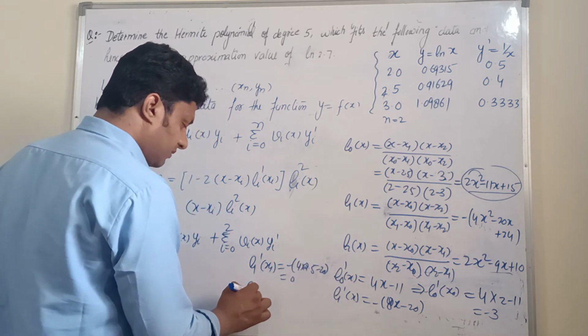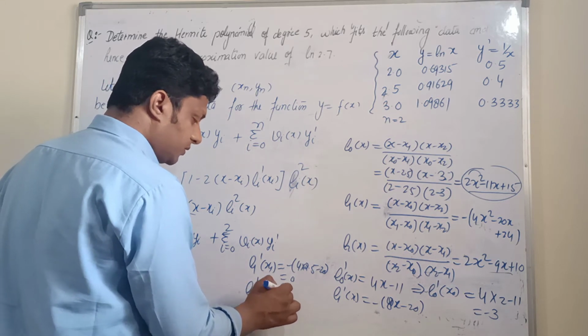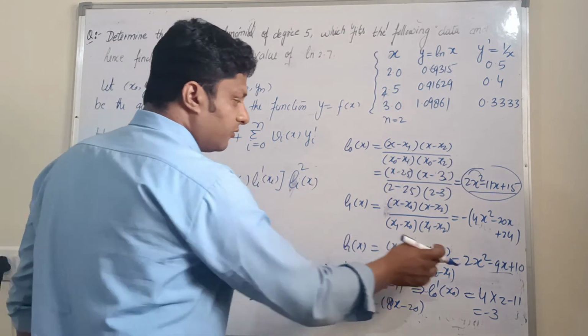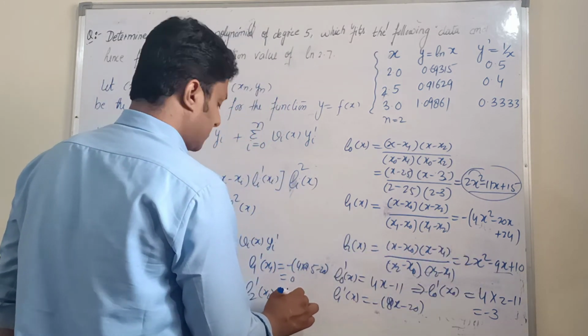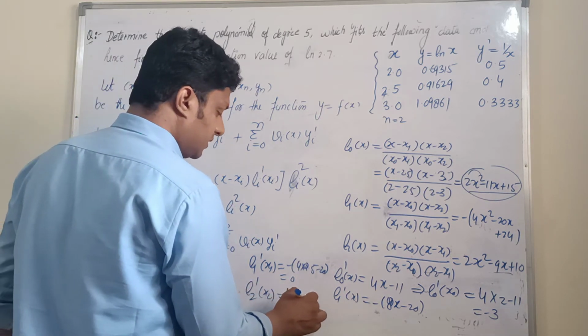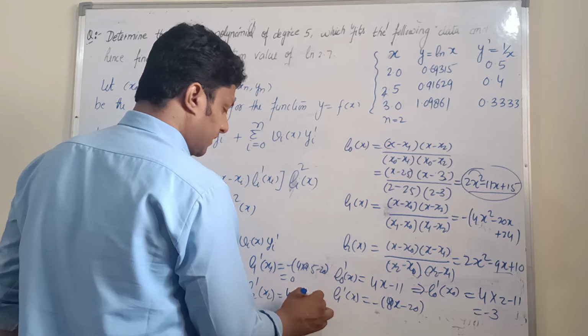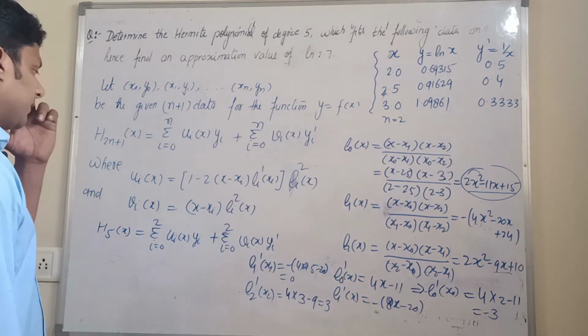Similarly, we will find L2'(x) at the point x2. L2'(x) will be 4x − 9. In place of x we put x2, that is 3, and minus 9, it will be 3. So we have computed all these values.